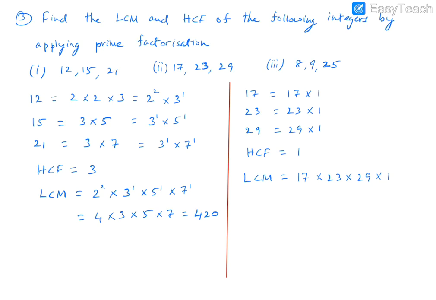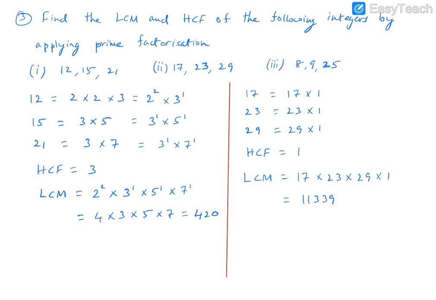Okay, 17 power 1, 23 power 1, 29 power 1, and 1 power 1, right? So 17 into 23 into 29 into 1, that's going to be 11,339. So we just multiply these and we get the LCM of these three numbers.